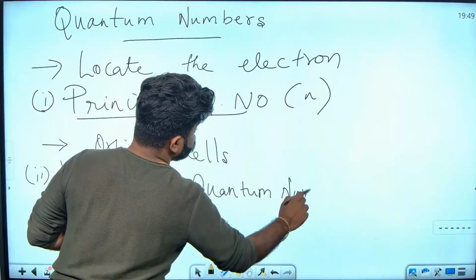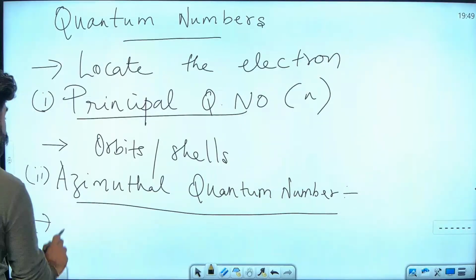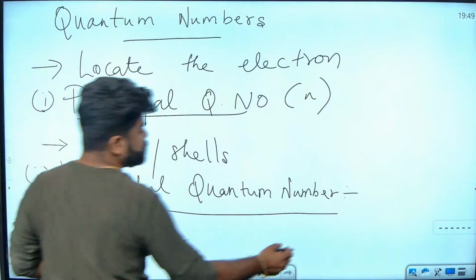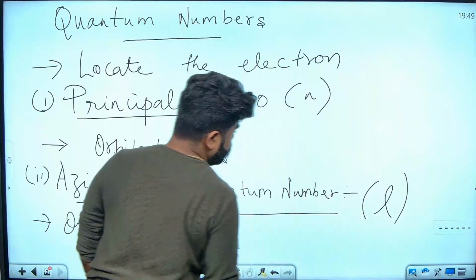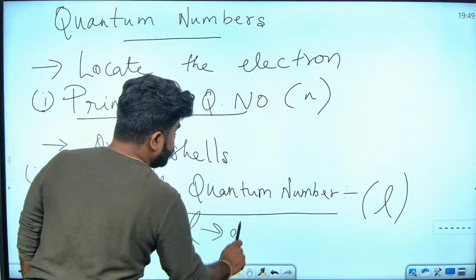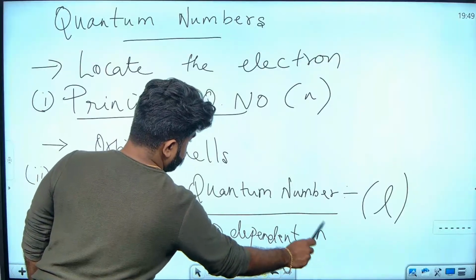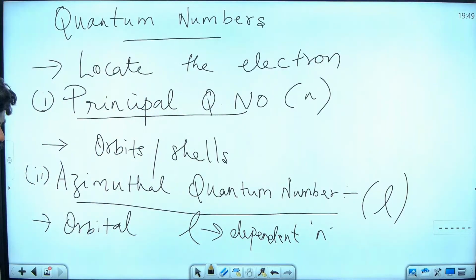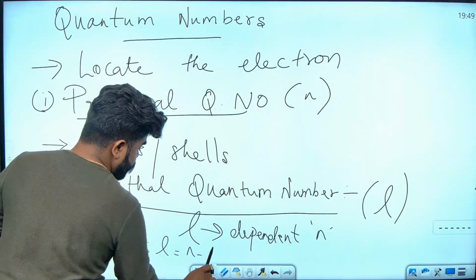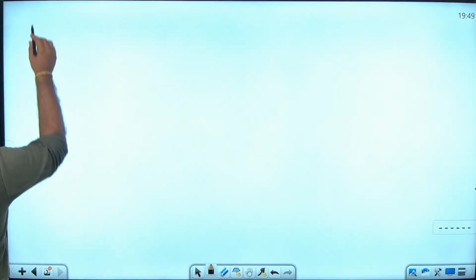What does the azimuthal quantum number say? It talks about the orbitals, in which orbital the electron is present. It is given by the letter L. And you see that L is always dependent on n, that is L is equal to n minus 1. Very good. Next quantum number?